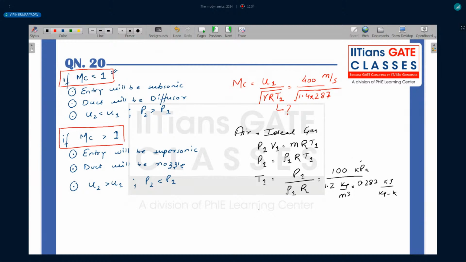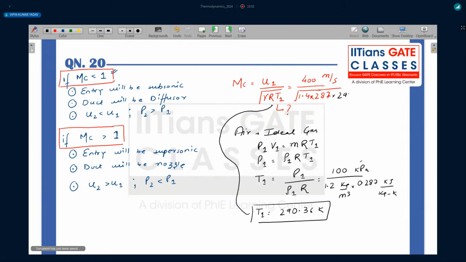So if I solve this, I will get the temperature around 290.36 Kelvin. I will substitute this here, into 290.36, and if I solve this, I will get Mach number equal to 1.171.